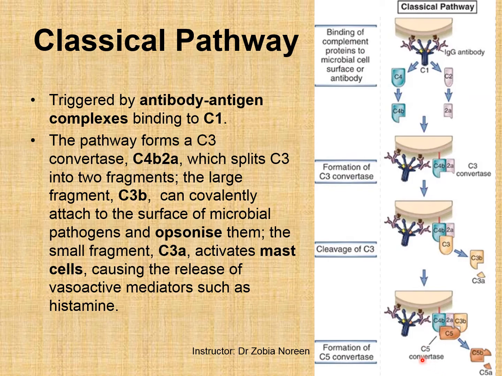The C5 convertase then cleaves C5 into C5a and C5b, and this C5b can then combine with C6, C7, C8 and C9 to form a membrane attack complex as discussed in the last slide. So this pathway results in lysis of the microbial cell and activation of the inflammatory pathway by means of activating mast cells.